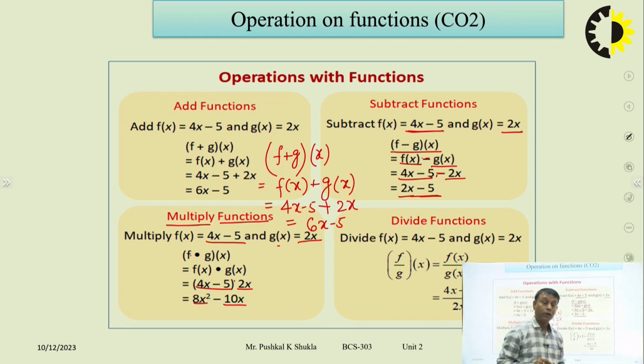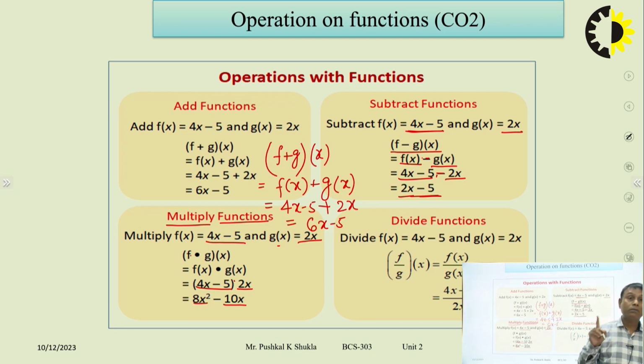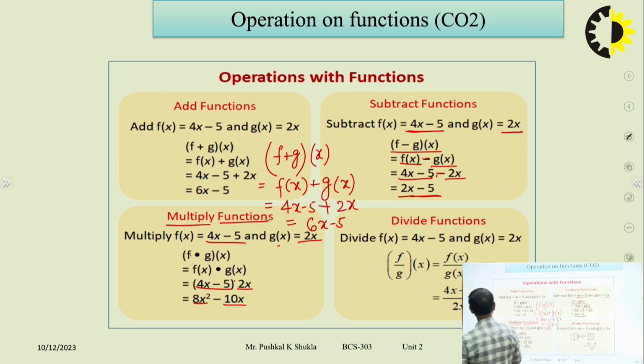Very important: there is a difference between the composition of functions and the multiplication of functions. If we write (f o g)(x), this will be the composition of the function. This is not (f dot g)(x).